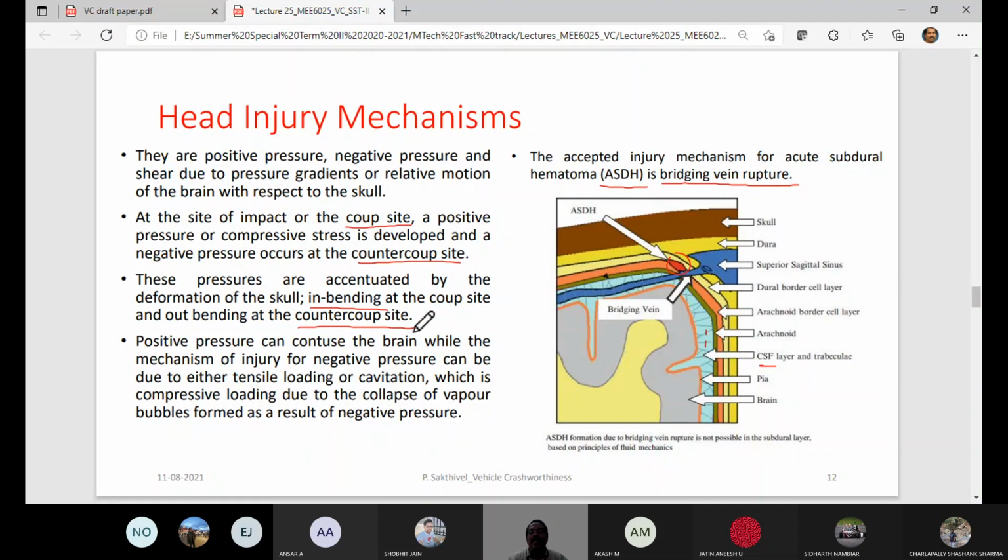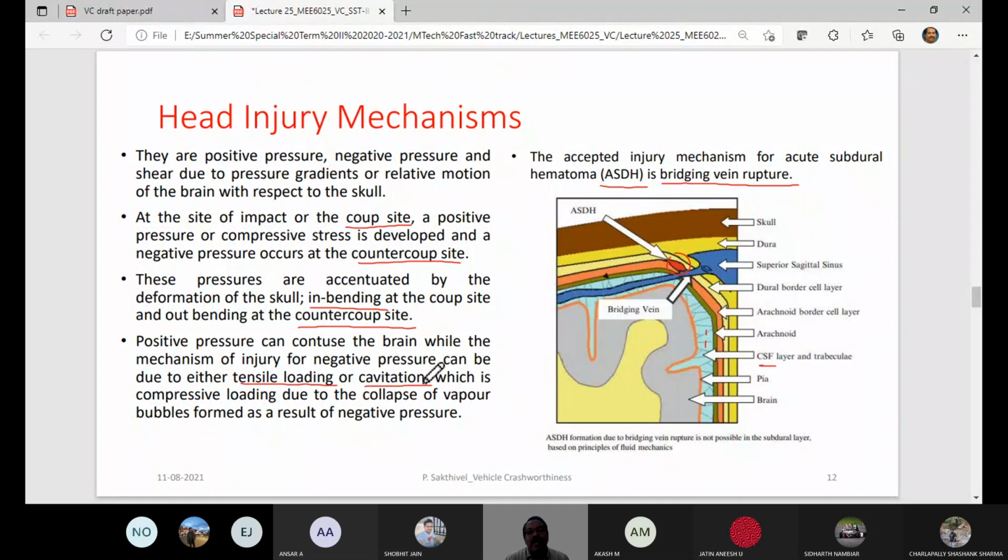So that creates a kind of movement, and that movement is what is measured through angular acceleration and linear acceleration. The positive pressure can contuse the brain, while the mechanism of injury for negative pressure can be due to either tensile loading or cavitation, which is compressive loading due to the collapse of vapor bubbles.